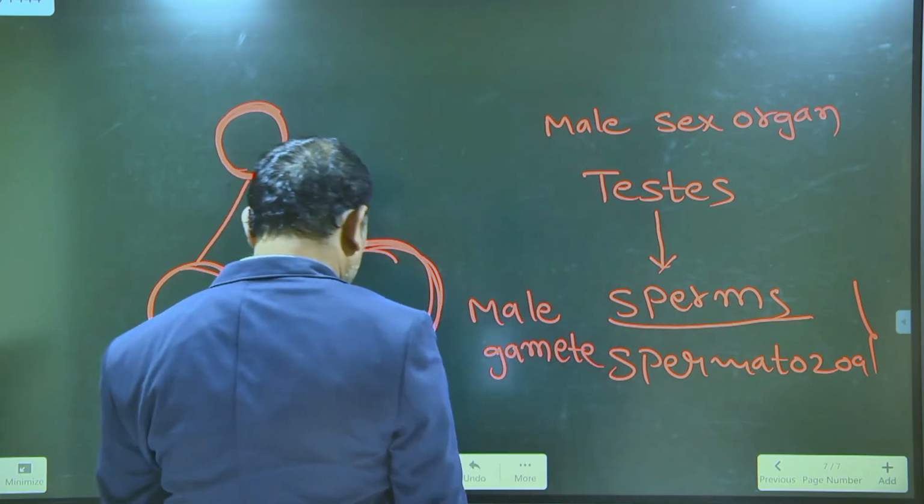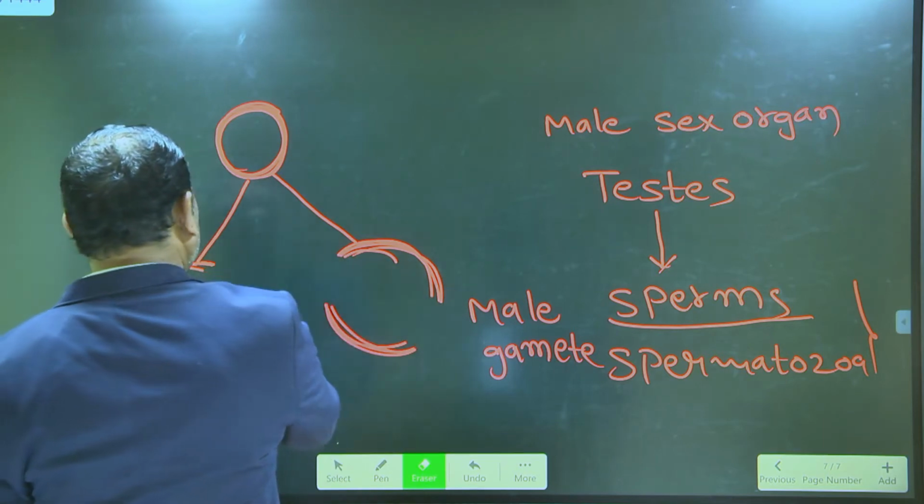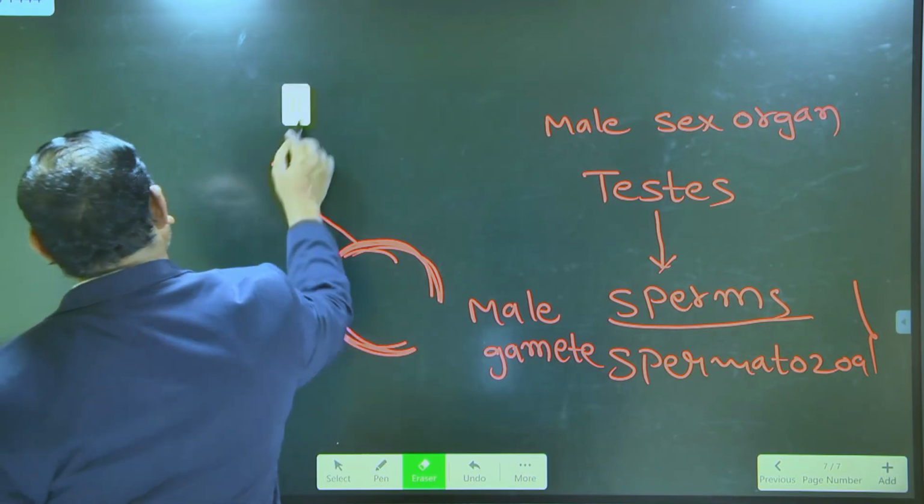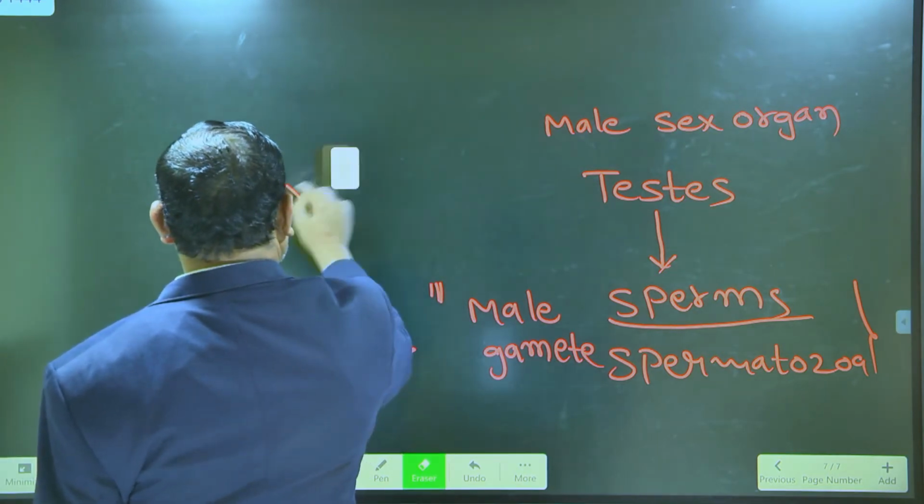What is the female reproductive organ? Ovaries.